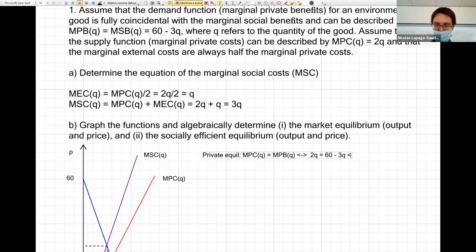So I find that 2 plus 3, that's 5, 60 divided by 5, that's 12. So Q star goes to 12. And the P star goes to 24. Is it the right answer? I think.